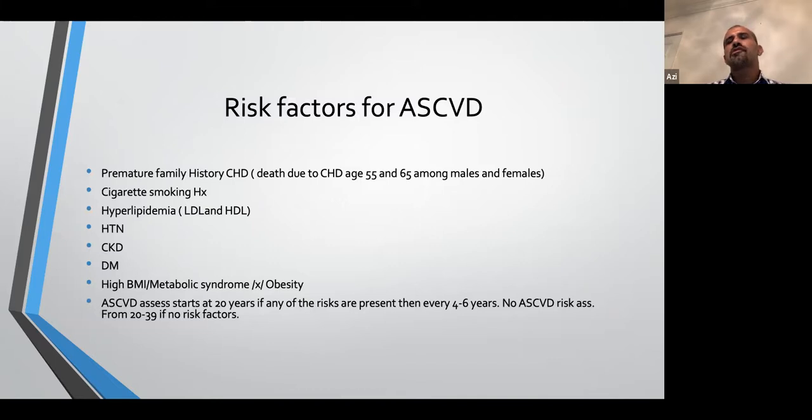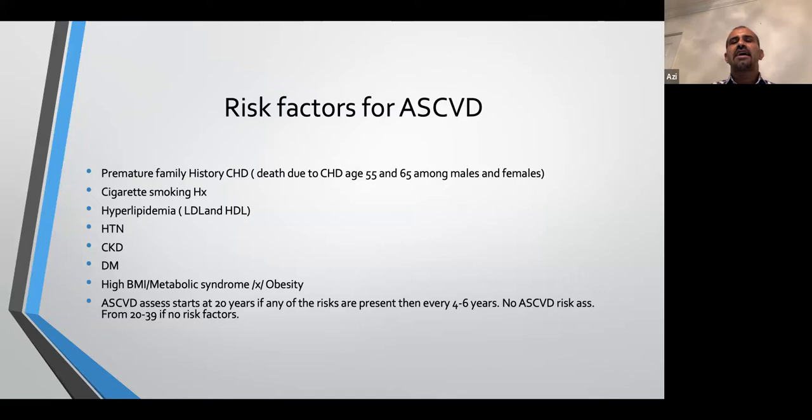The risk factors for atherosclerotic cardiovascular disease include premature family history, which means death due to coronary artery disease at age 55 among males, meaning father, and 65 years of age if the mother or first degree siblings had death due to coronary heart disease.